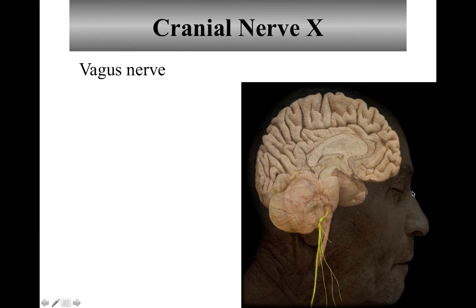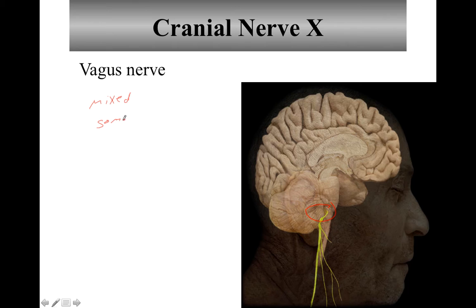Cranial nerve 10 is the vagus nerve. Notice it makes a pretty steep dive. It's a mixed nerve. It has somatic impulses.